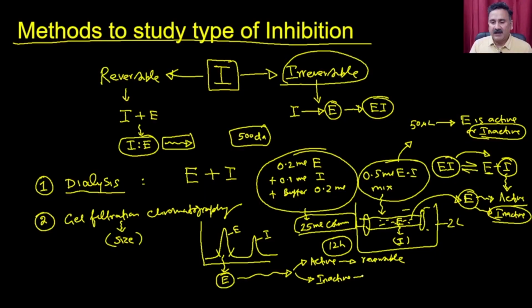If it is inactive, then you can say that the inhibition is irreversible, because you have collected the enzyme fraction, but the inhibitor is still present, because the inhibitor is of small molecular weight, so it would otherwise be separated from the enzyme. So these are the two methods that you can use very nicely.